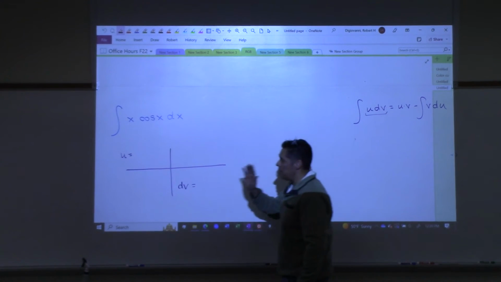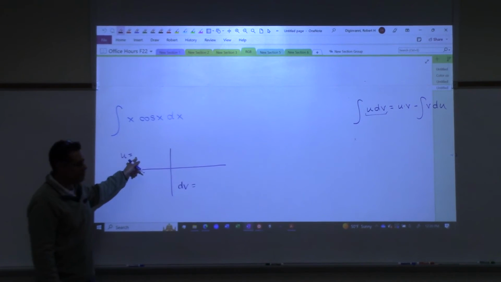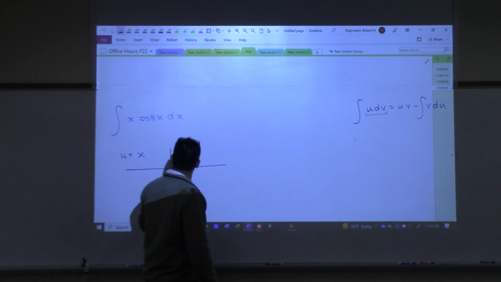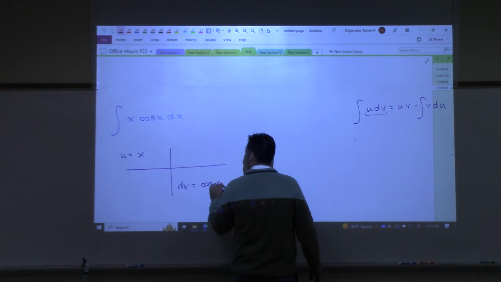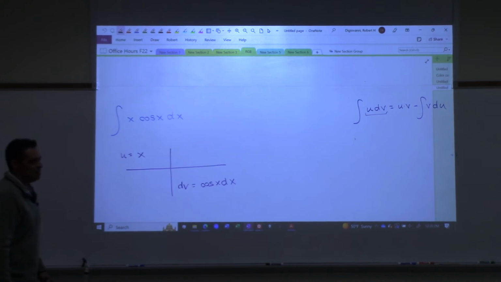I'm going to make the choice right now to let u be the x, and that forces me to use the cosine x dx as the dv. That was one of two choices I had. I'm going with this one for right now.